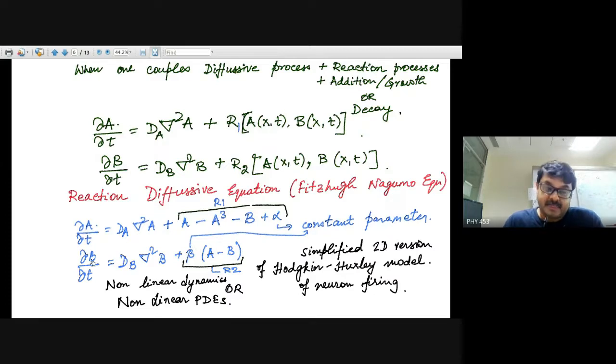And del B del T, the rate of change of B as a function of time, depends upon, of course, the diffusion equation.